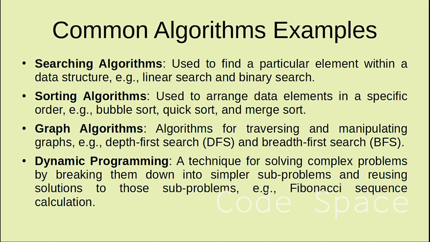Graph algorithms. Graph algorithms are for traversing and manipulating graphs. There are multiple algorithms like depth first search and breadth first search for this purpose. Dynamic programming is a technique to solve a complex problem by breaking it into simpler, smaller subproblems, for example Fibonacci sequence calculation.